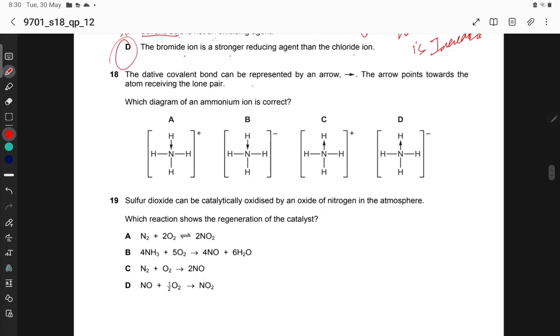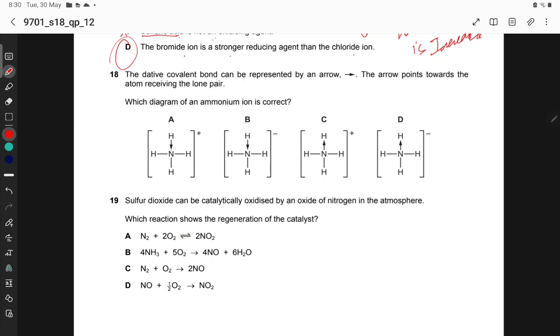The dative covalent bond can be represented by an arrow. The arrow points towards the atom receiving the lone pair of electrons. So the hydrogen is electron receiving.